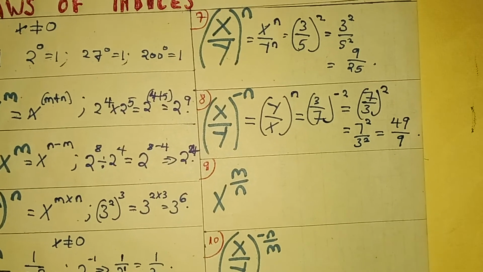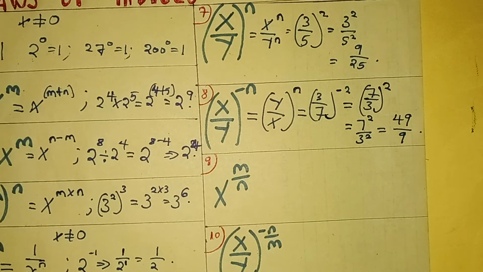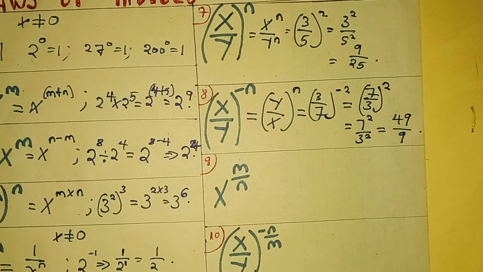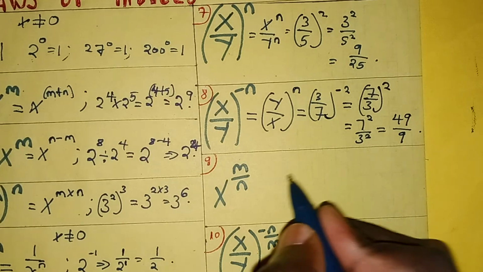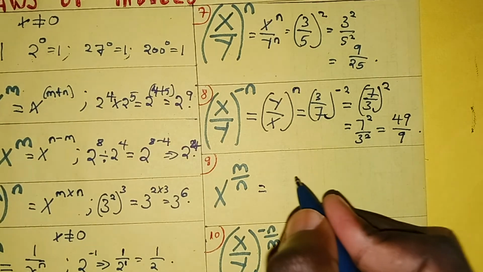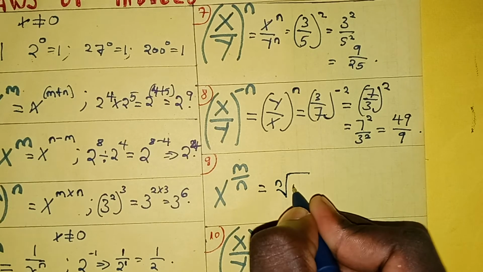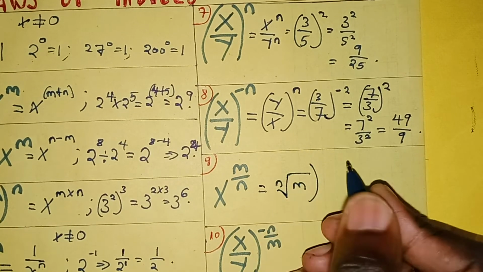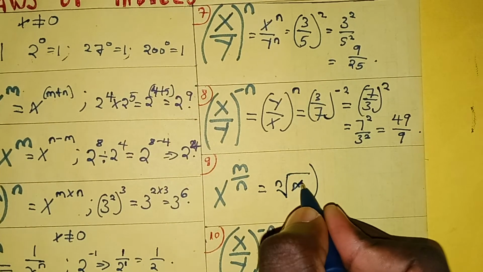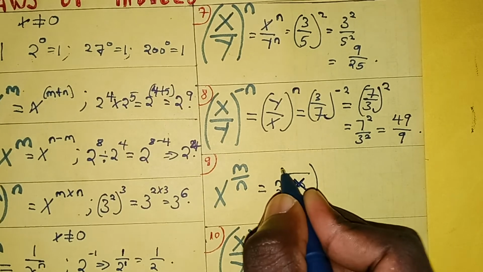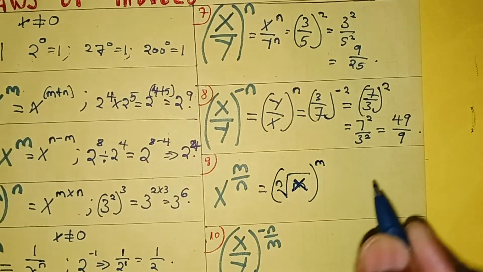You have the second last law, which is x raised to power m over n. This means it will be the nth root of x, raised to m.